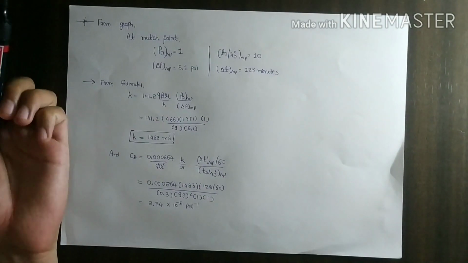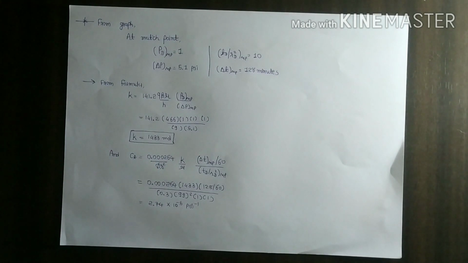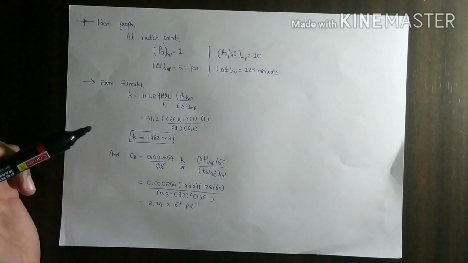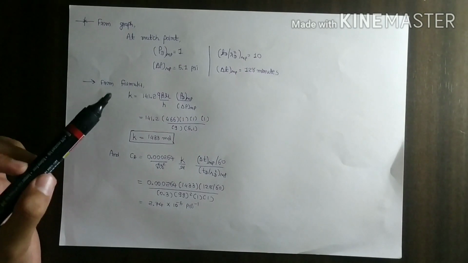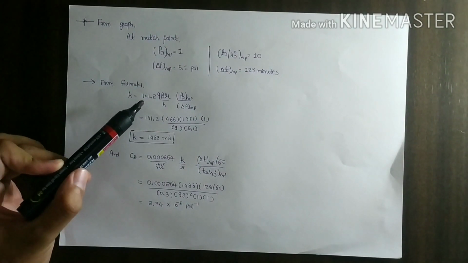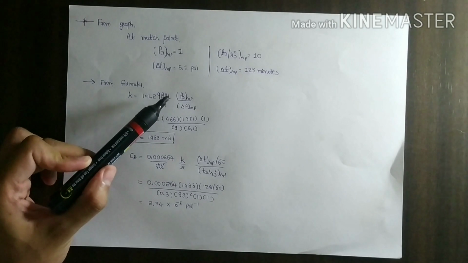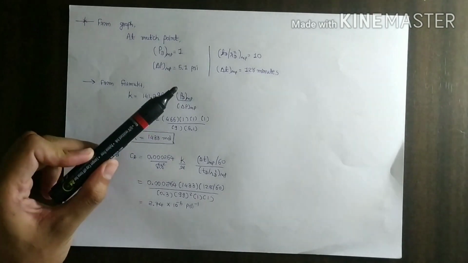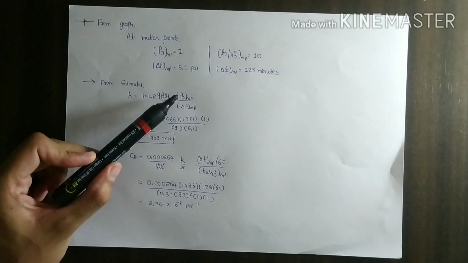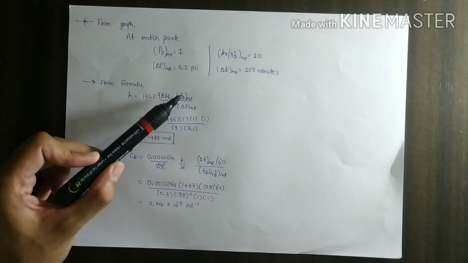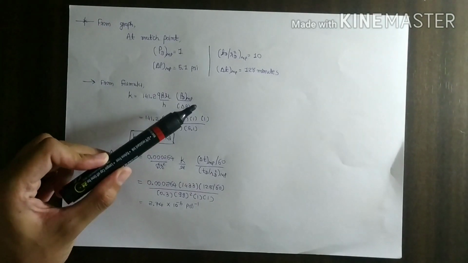To measure permeability and the value of total compressibility, we basically have 2 equations. For permeability, we have the equation 141.2 QBμ upon h into dimensionless pressure upon delta P at the match point.